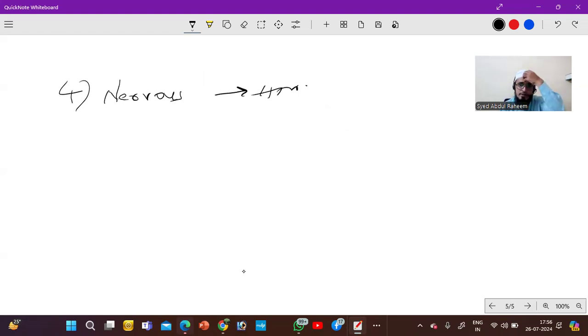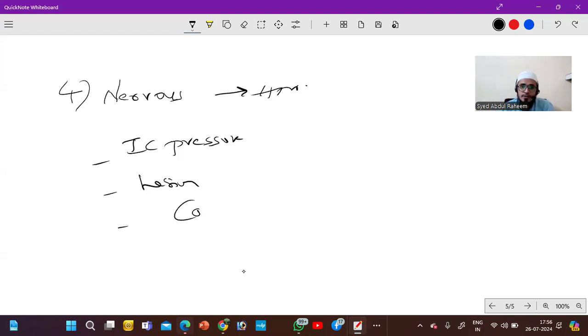Here intracranial pressure is increased due to trauma, accident, clot, hemorrhage, etc., or any lesion or tumor in the brain, or carotid vessels are stenosed, or any fat deposited in the carotid artery.